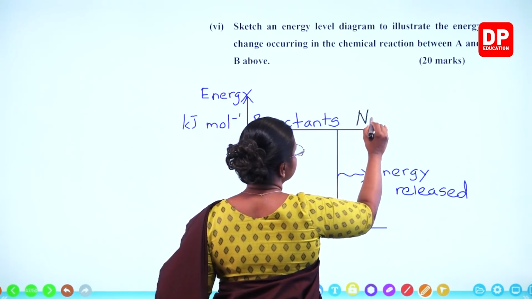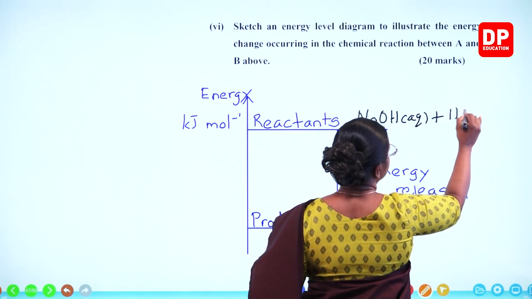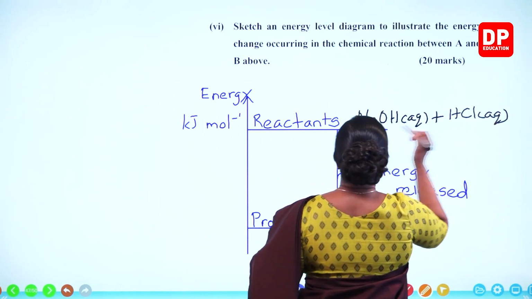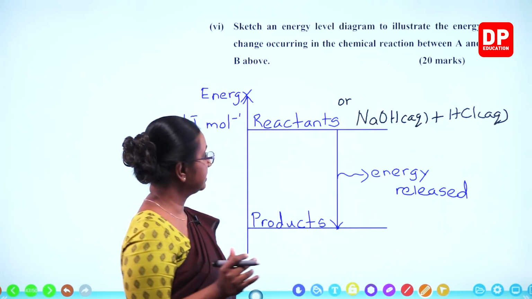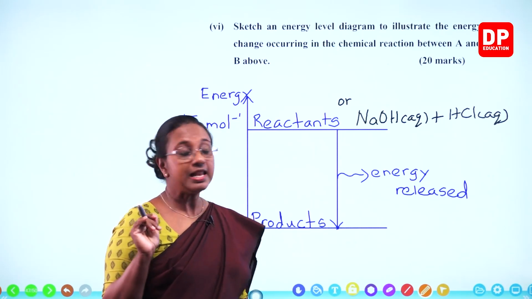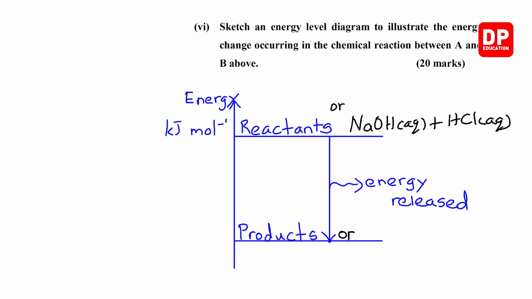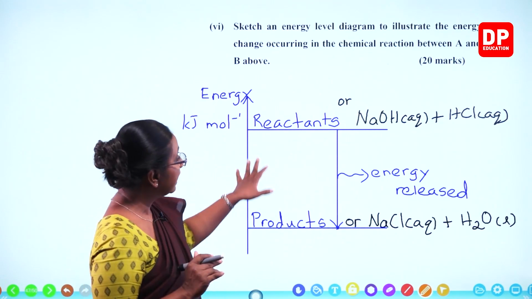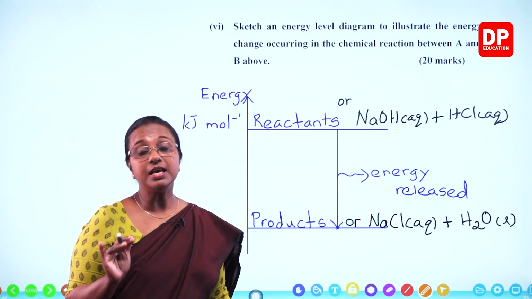You can write it as NaOH aqueous plus HCl aqueous. So either you can write it as reactants or you can write the reactants itself, NaOH aqueous and HCl aqueous. The same way, instead of writing it as products, you can say NaCl aqueous and water liquid. Now here students, when it comes to energy level diagrams, you all can remember the physical states are very important.